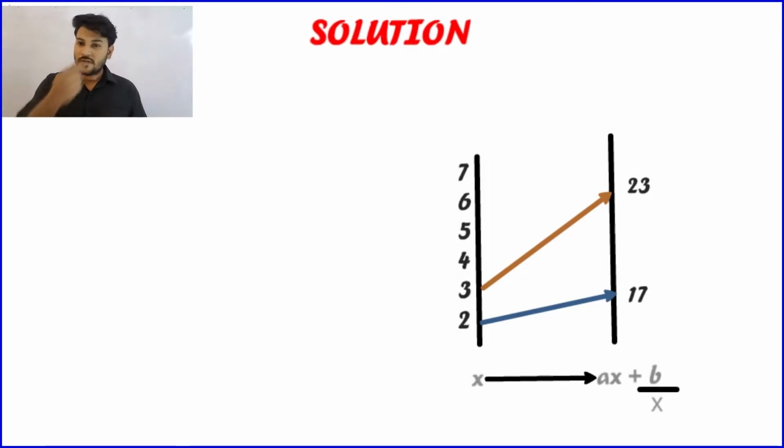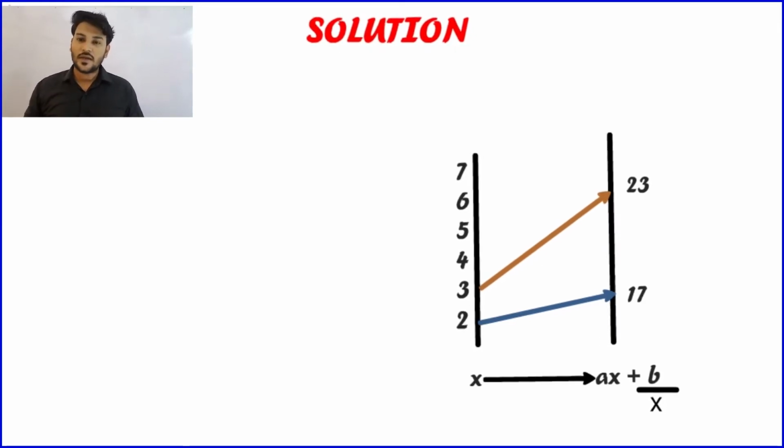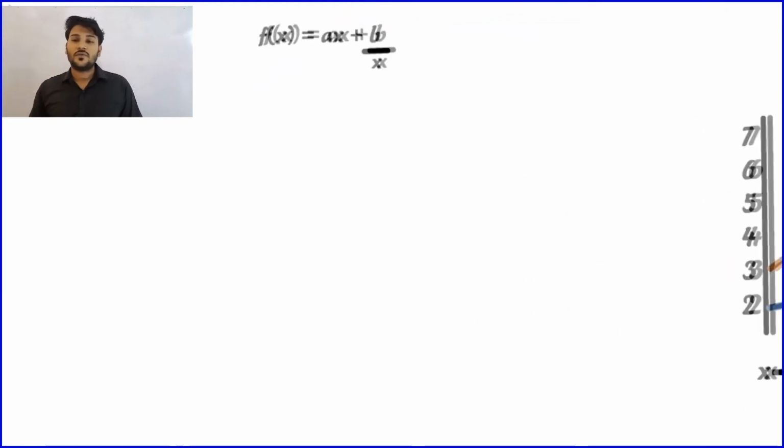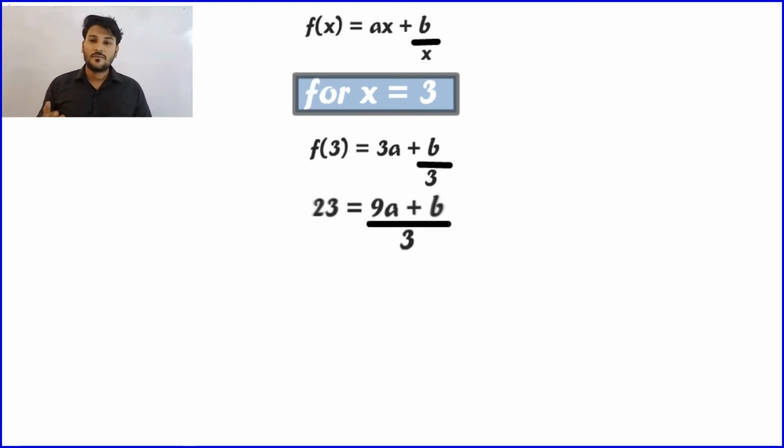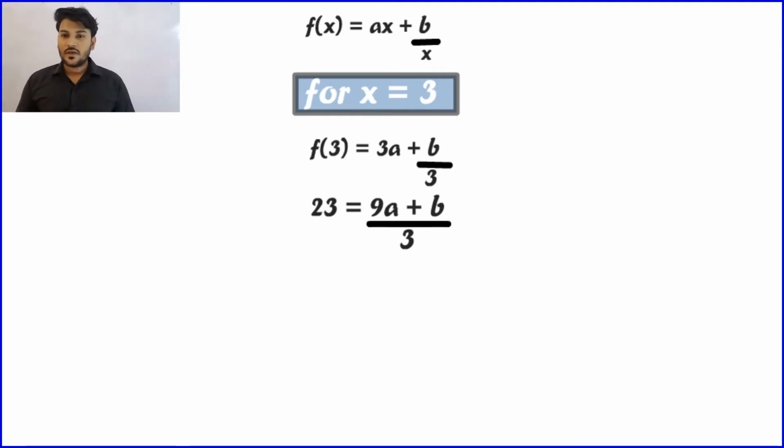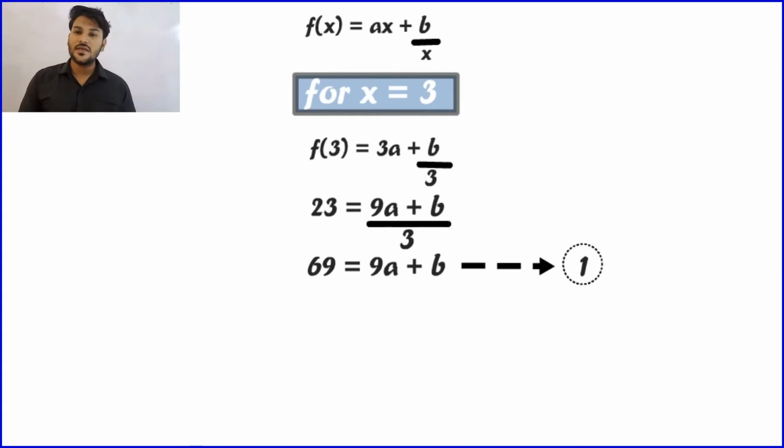Now we start solving this. First of all, we write the function which is already given in this question: f(x) = (ax + b)/x. First of all, we calculate for x = 3. In the given function (ax + b)/x, we replace x with 3. So we take an LCM, that is 3, and 3 multiplied by 3 is 9, so (9a + b)/3 = 23, and then 3 shifts to the left side, so 69 = 9a + b.